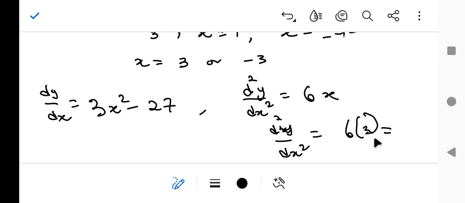This is giving us 18. Technically, this is greater than 0. 18 is greater than 0. So this point will be called the minimum point, right? So this is the minimum point. Fantastic.